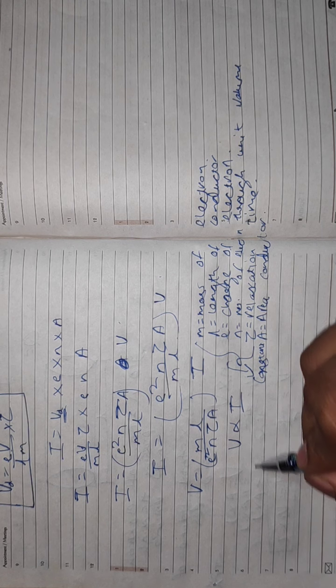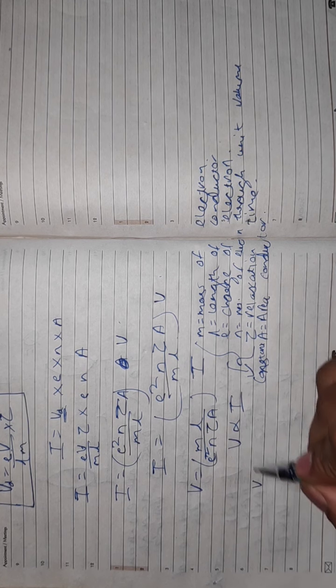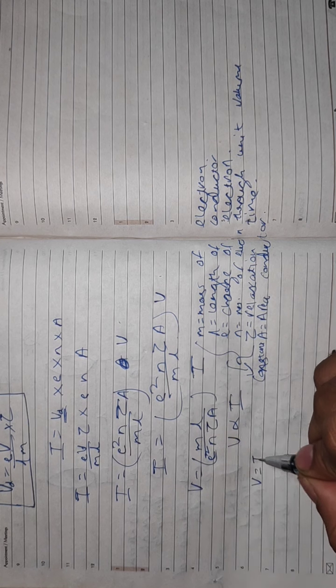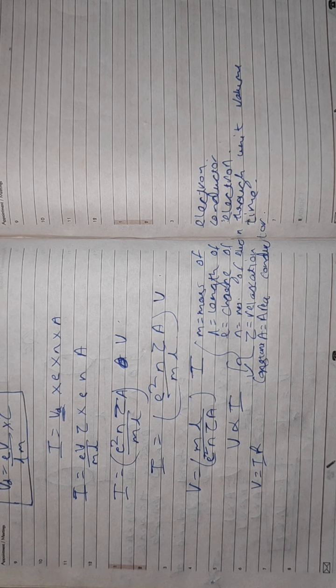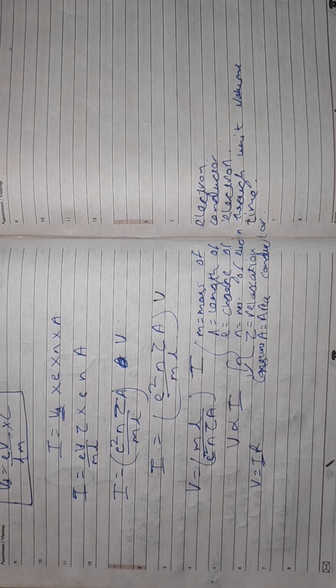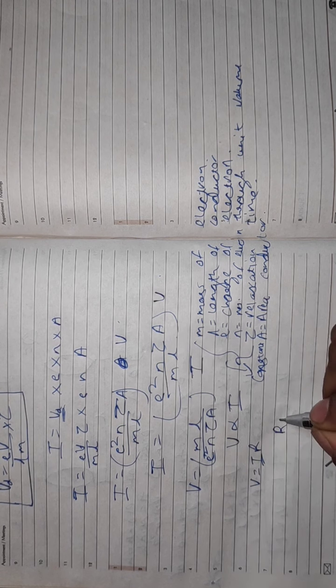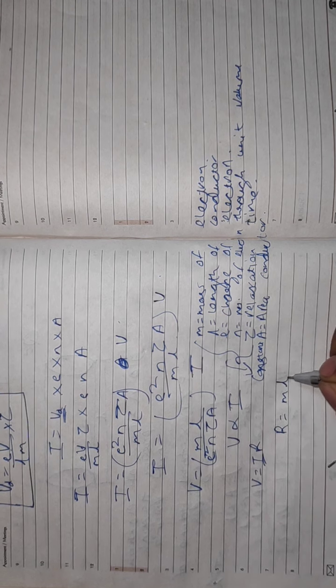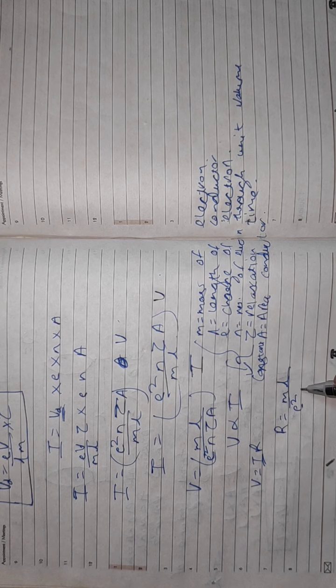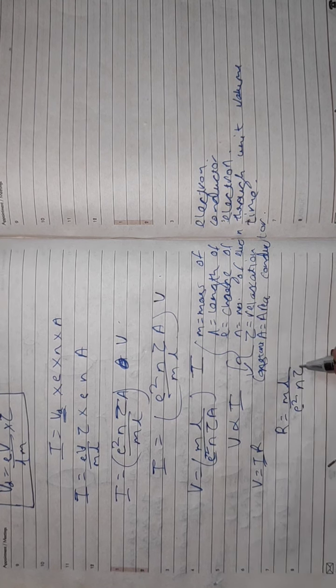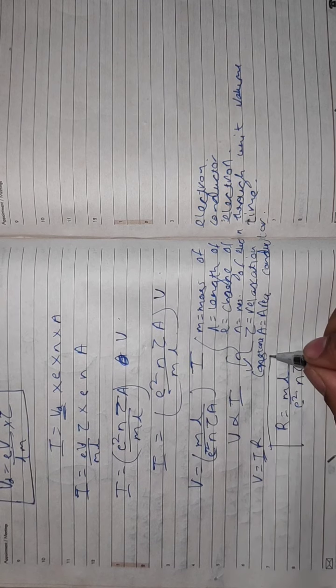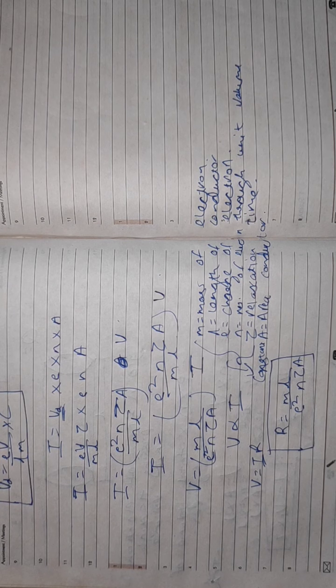So from this, what do we get? Do you remember when V was proportional to I? V is equal to IR. I hope you remember this. So we can write R is equal to ml upon e square N tau A. Can I write this?